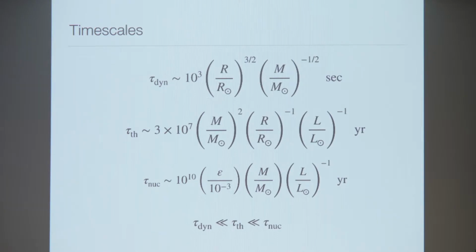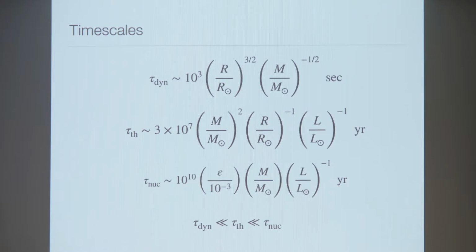So these are basically 3 timescales which we can derive from the basic equations we saw so far. The dynamical timescale is extremely short, then there's the thermal timescale, and the nuclear timescale is the largest timescale we have in this stellar system.